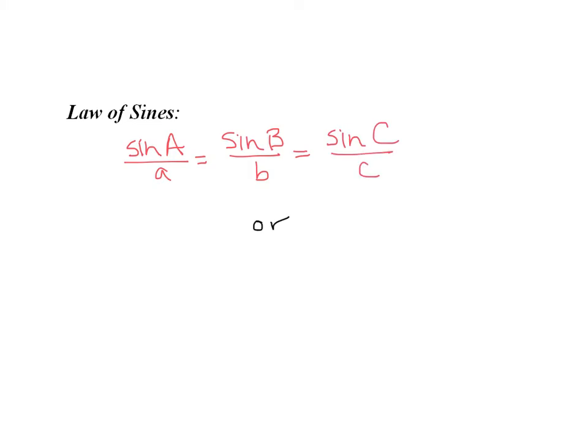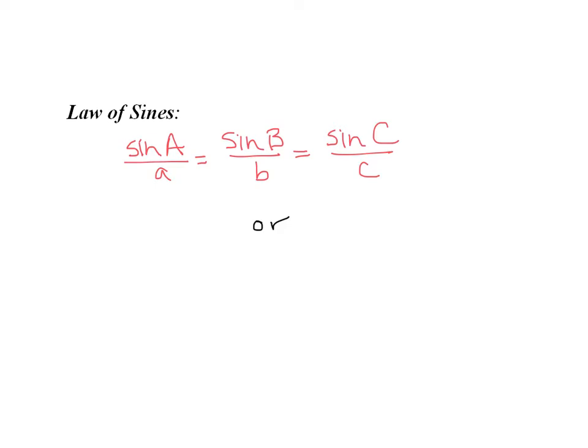Like I said earlier, we're going to focus in on the law of sines. So what does the law of sines say? Well, the law of sines says that you can take the sine of A over little a and set it equal to the sine of B over little b, equal to the sine of C over little c. So it's saying all 3 proportions equal one another.